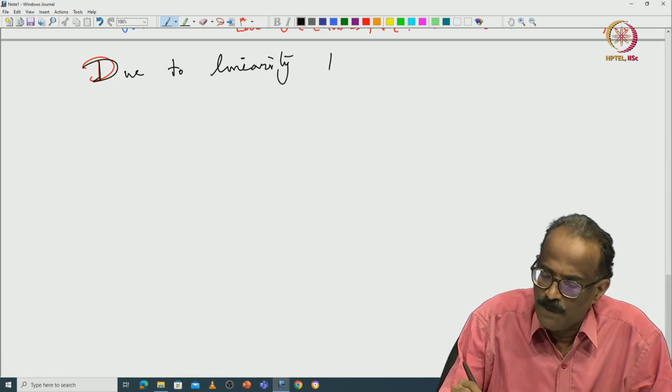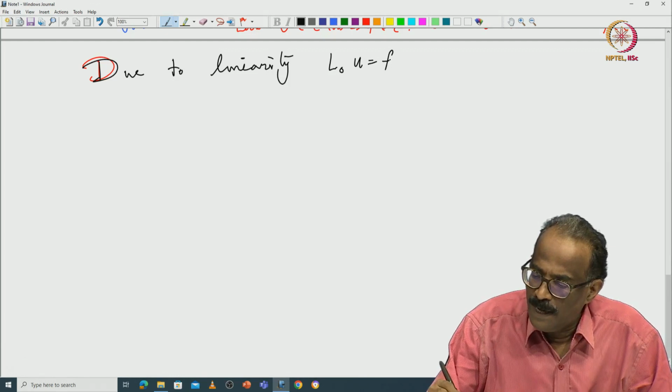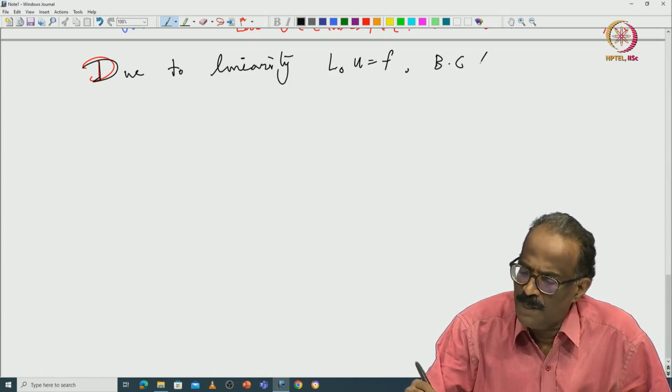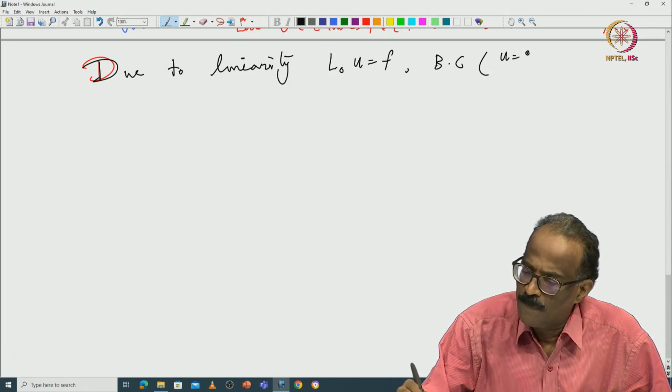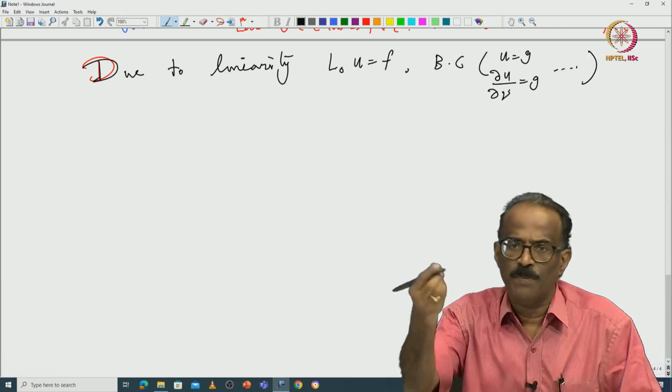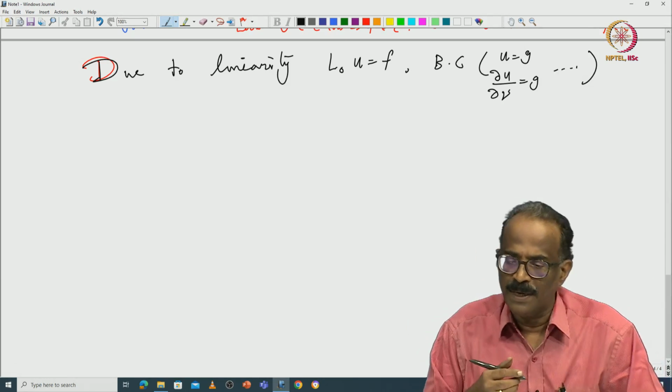Here also we can do L naught of u equal to f, with a boundary condition. The boundary condition can be u equal to g, or du by d nu equal to g, or something like that, mixed boundary conditions, Robin boundary conditions, it can be anything.